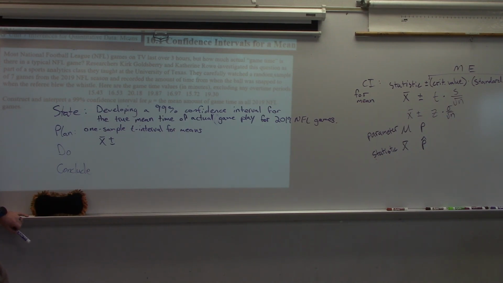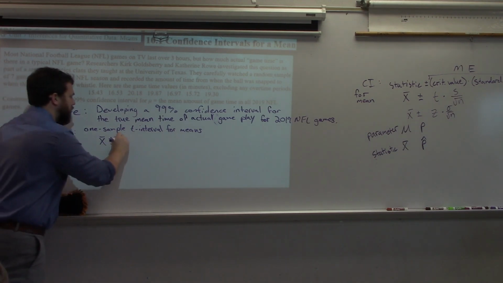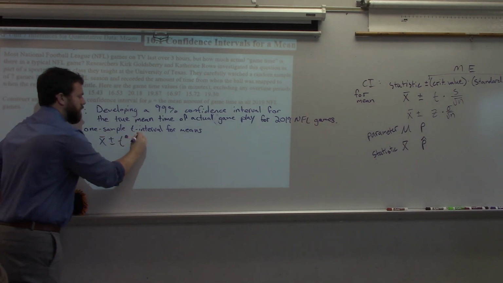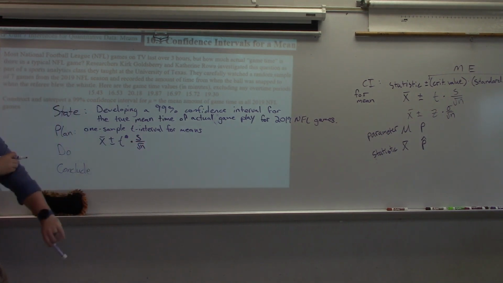It would be t star. Times, what's going to be my standard error? S sub x bar, so I'm going to write s divided by the square root of n. That's my confidence interval.